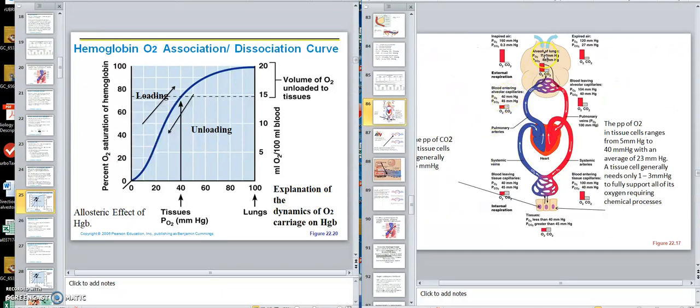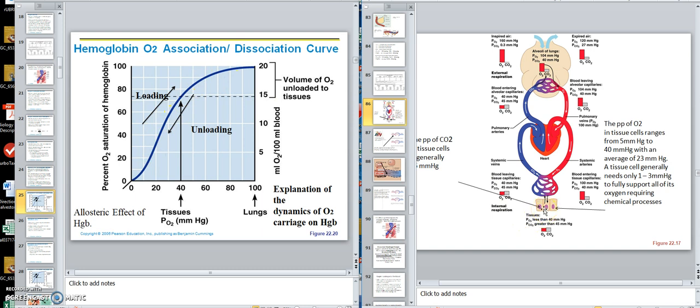That would occur up here because it's in the alveoli that oxygen is loading. So going up this way would be oxygen loading. Going down this way would be it unloading in the tissue cells. So loading and then unloading.